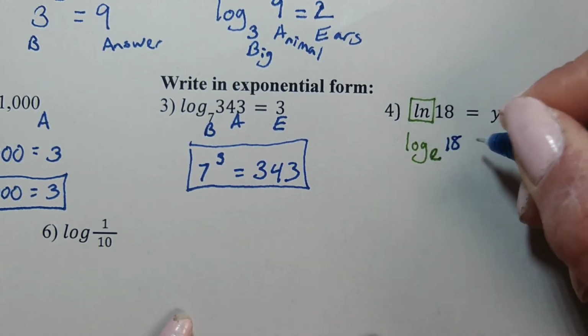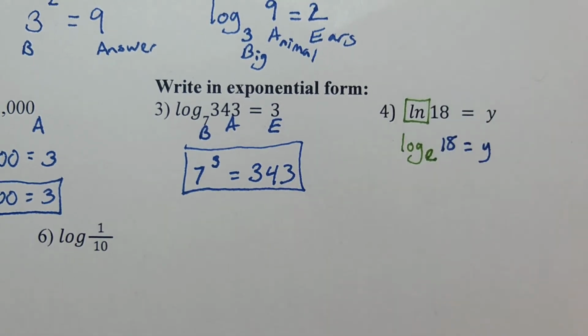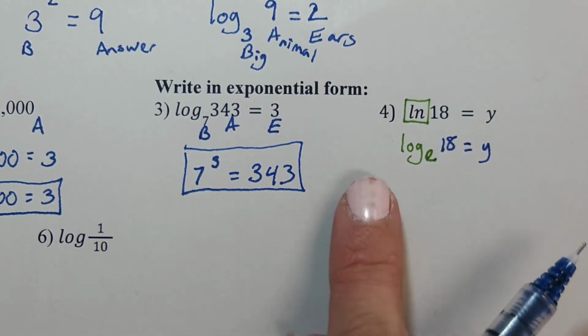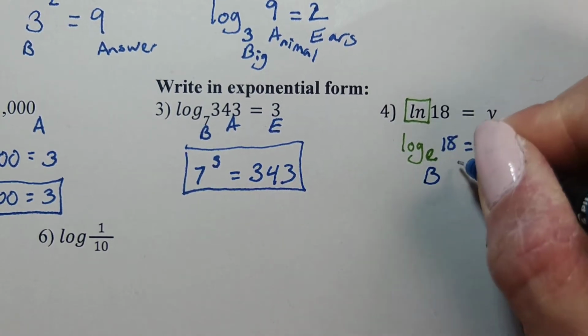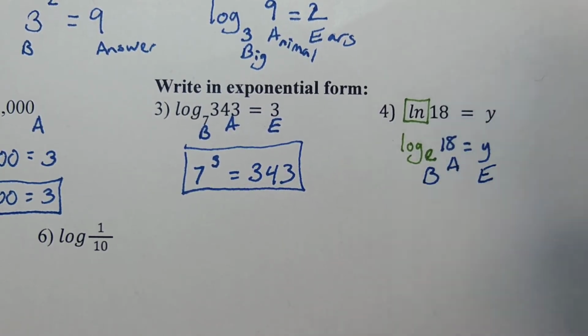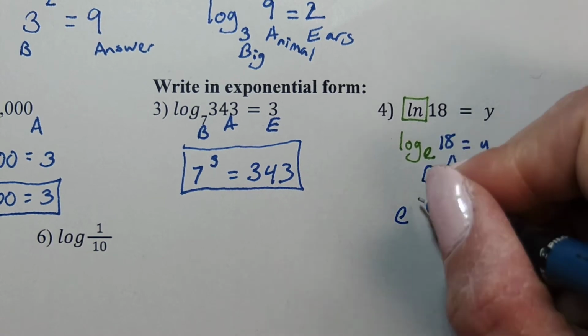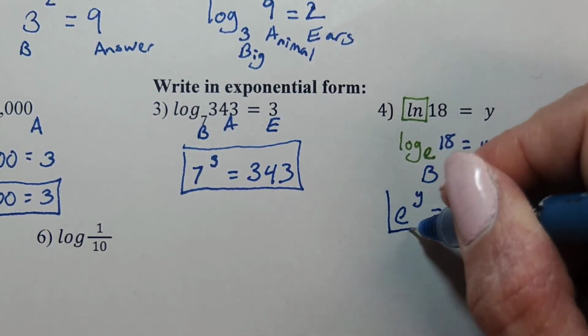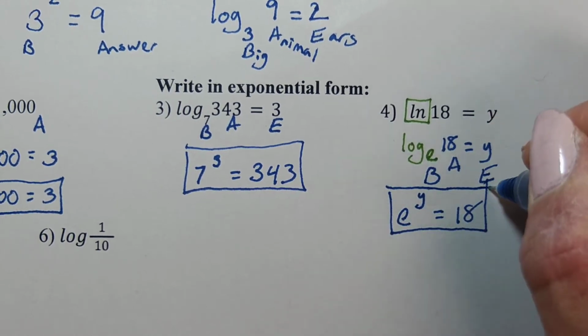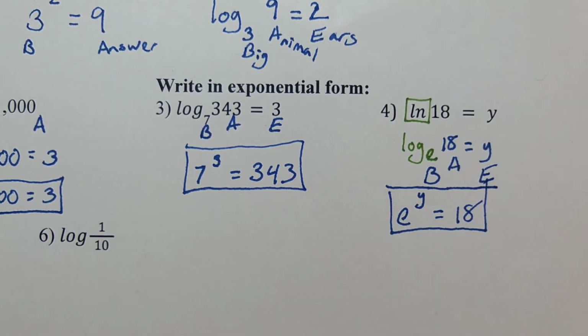So log base E of 18 equals Y. Now, once I have that base explicitly written there, I think of the elephant with his big animal ears. My base is E, my exponent is Y, and my answer is 18. And that one, unfortunately, we wouldn't be able to check because we have a variable in there, but that is our expression in exponential form.